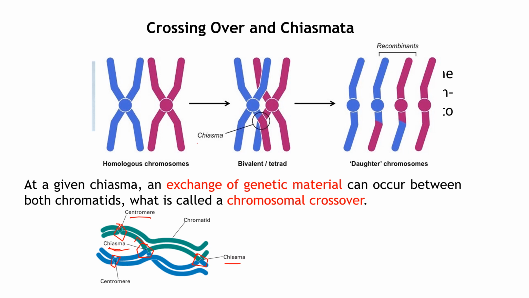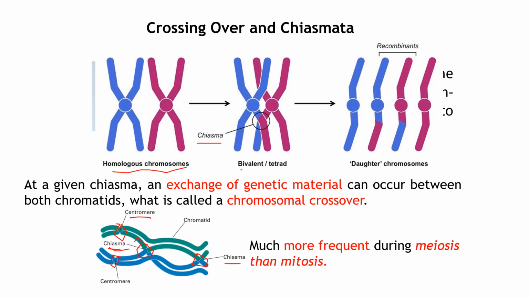We already talked about chiasma, but we have also talked about homologous chromosomes, bivalent, tetrads, daughter chromosomes, and recombinant. So what I want to do now is go over these definitions that sound similar, and we're going to keep using them. So you know the definition now, so it's much clearer when we talk later.